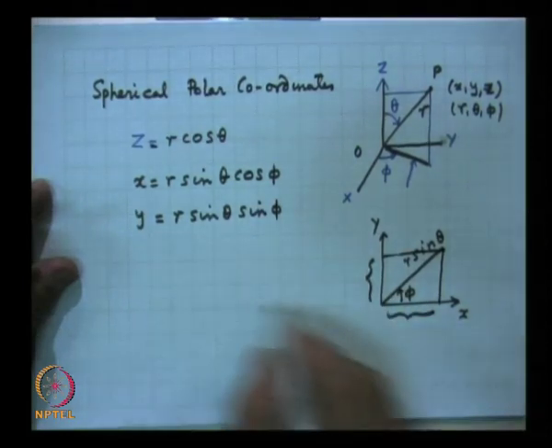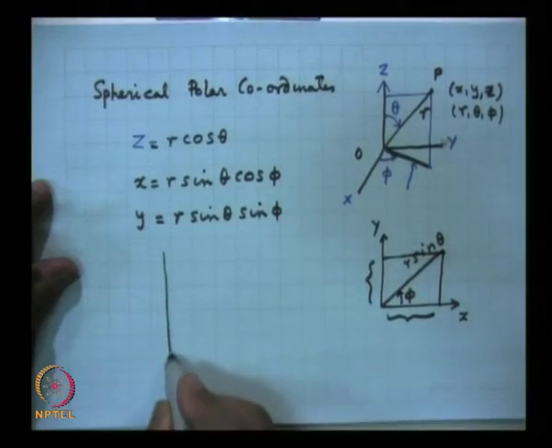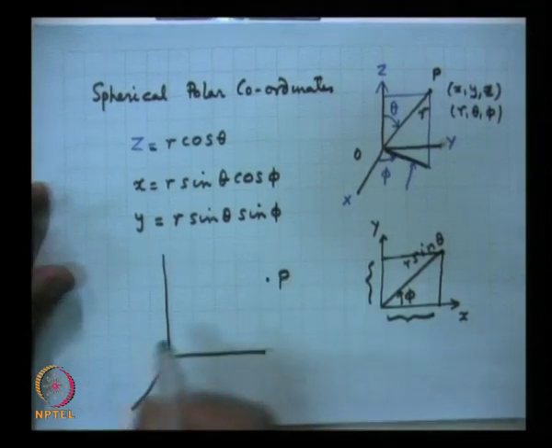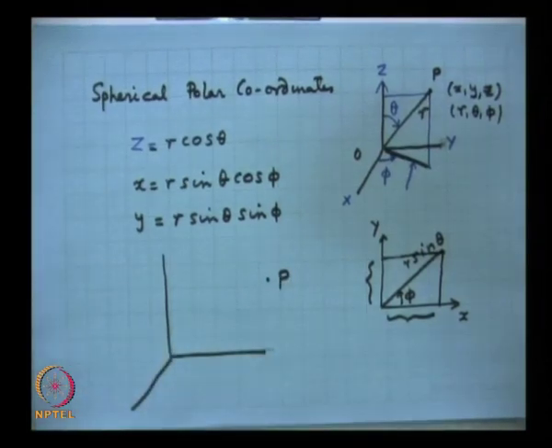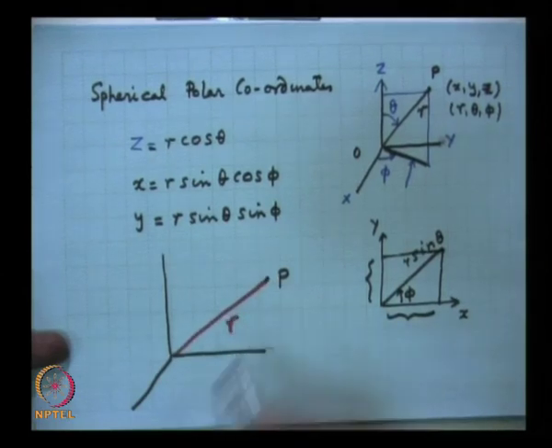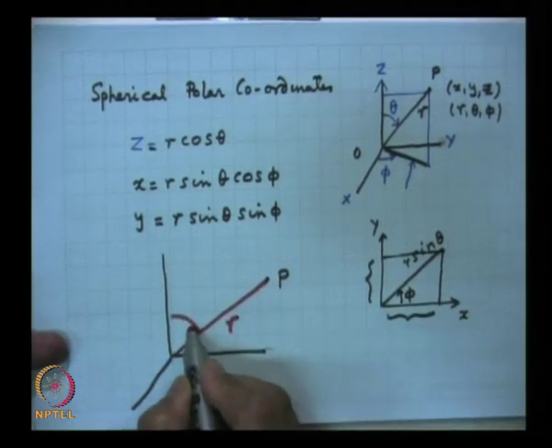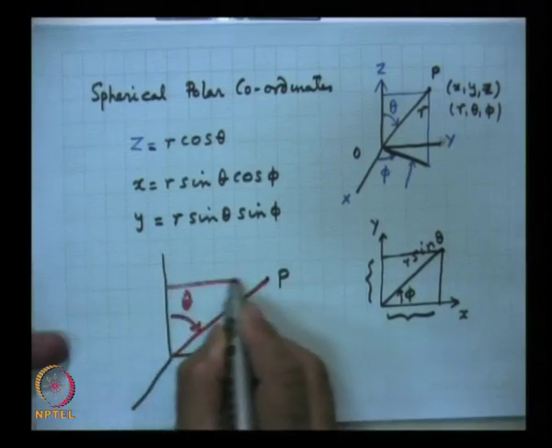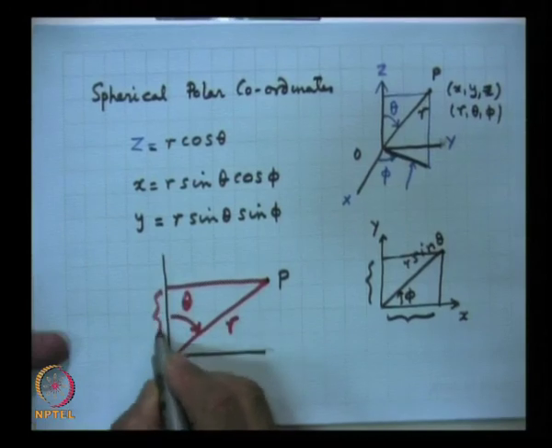Once again, if I have any point P here, and the distance is r, and this angle is theta, then this distance is r cos theta.